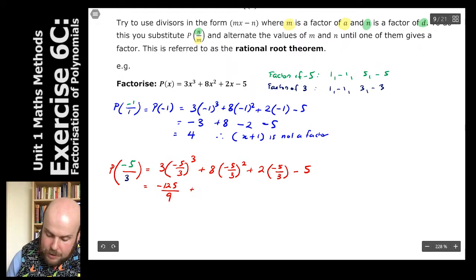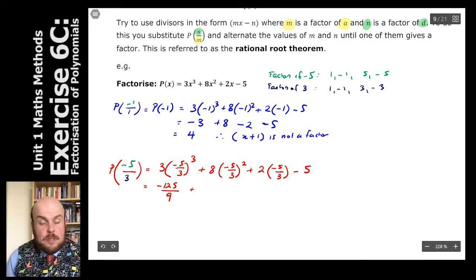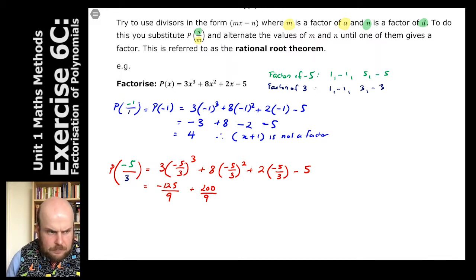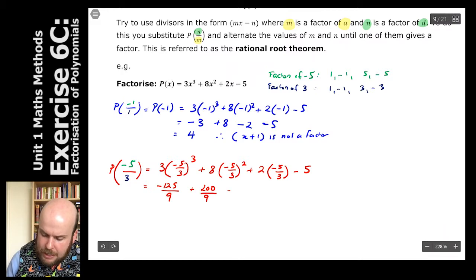And then we've got plus, now -5 squared is going to make that a positive 25. 25 times 8 is 200. 3 squared is 9, so that's 200 over 9. 2 times negative 5 is negative 10 over 3, minus 5.